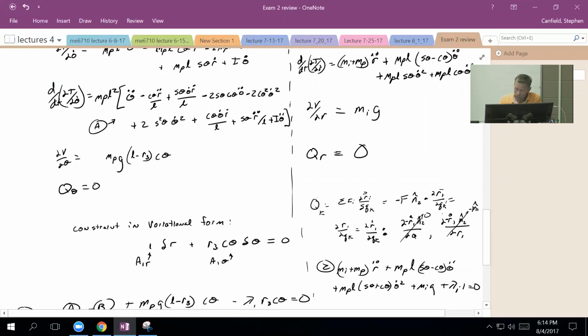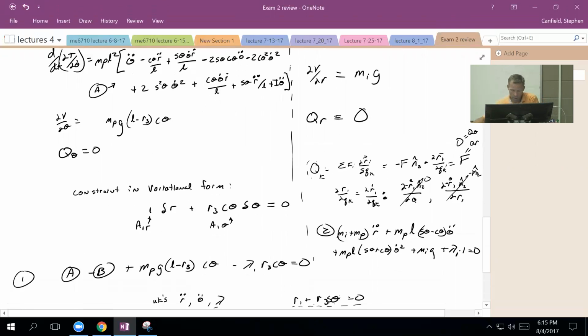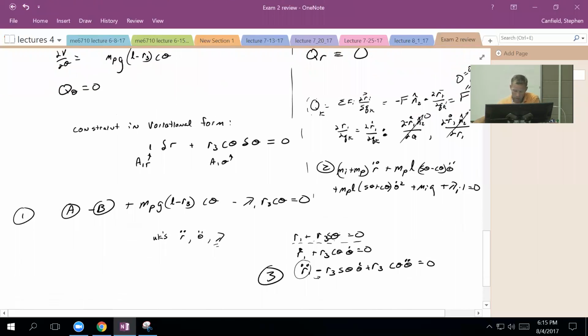So we get negative 1 in the n2 dotted with negative f in the n2, so that gives us positive f. So q sub r is f, and 0 is our q sub theta. So in the second case, f would be our q sub r, and we would include it as a right-hand term, or as a minus f equals 0 if we leave it on the left-hand side. That's how we'd incorporate the force there.